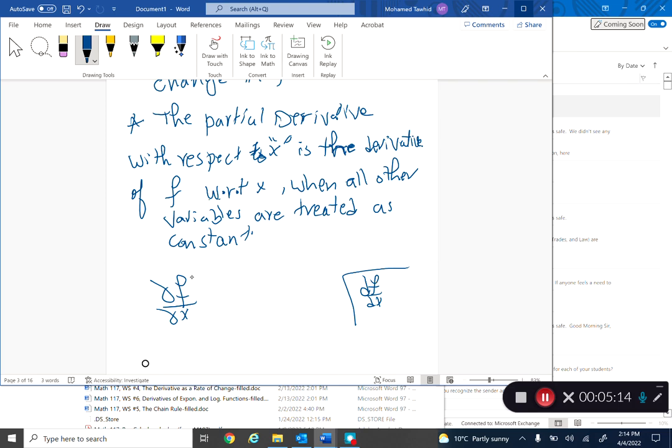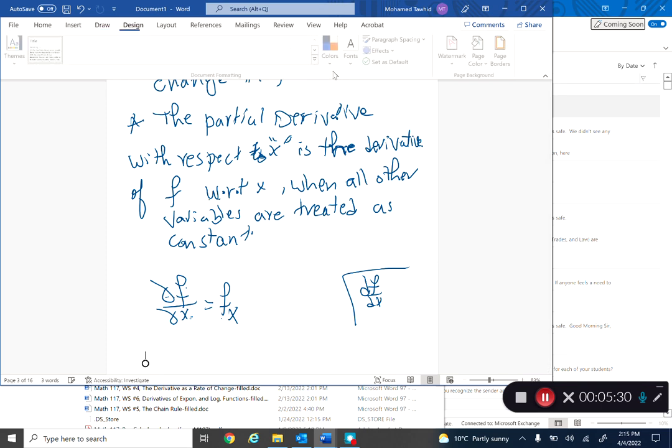But with this funny d, it means you take the derivative with respect to x and treat the other variables as constant. We write f sub x like this.